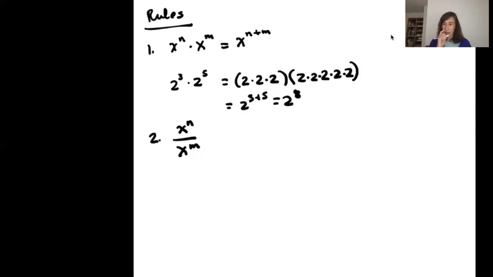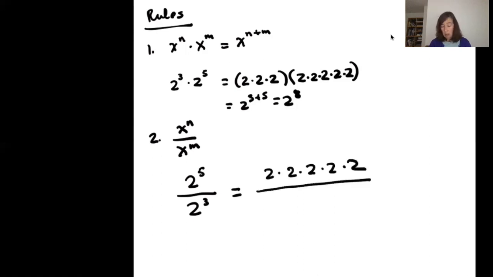Let's start off with 2 to the fifth on top, because the second one's a little bit trickier. So let's think about 2 to the fifth power divided by 2 to the third power. And again, let's just write it out in terms of factors. 2 times 2 times 2 times 2 times 2 is my 5 factors of 2 in the numerator, and my 1, 2, 3 factors of 2 in the denominator.